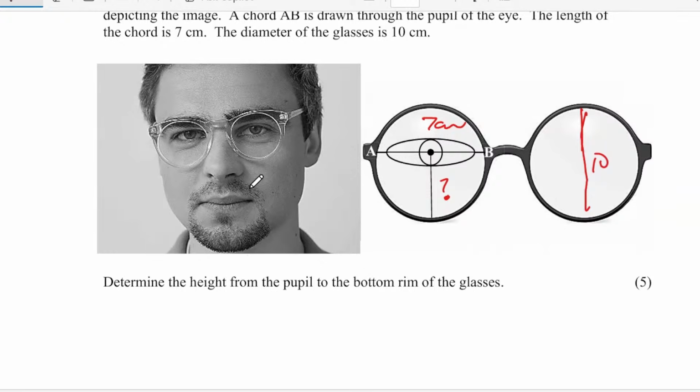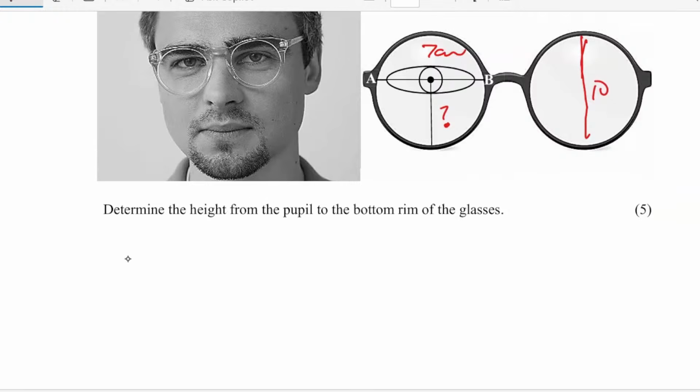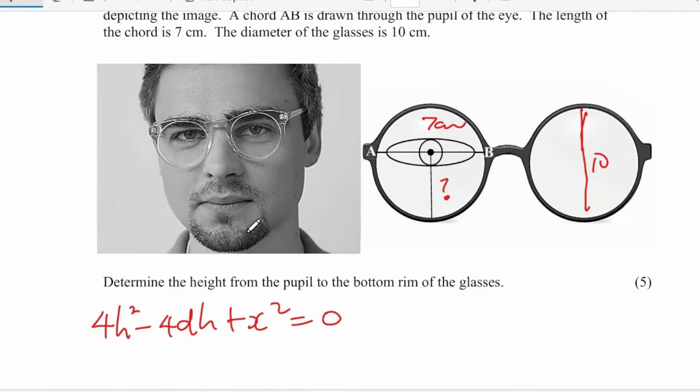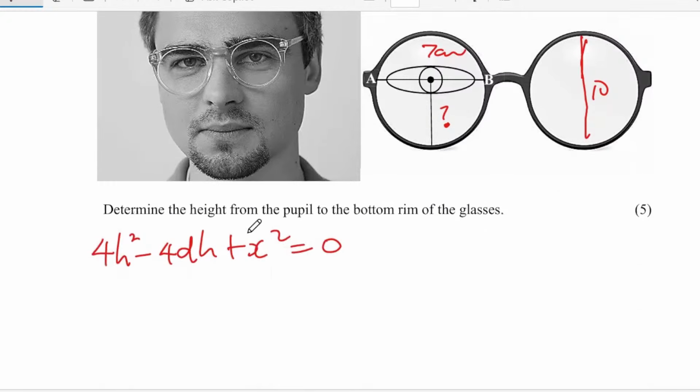So what we can do, we can say that 4h squared minus 4dh plus h squared is equal to 0. Okay, from the ellipse kind of equation. And then we can substitute as the diameter is 10.